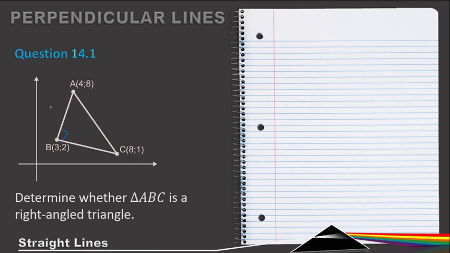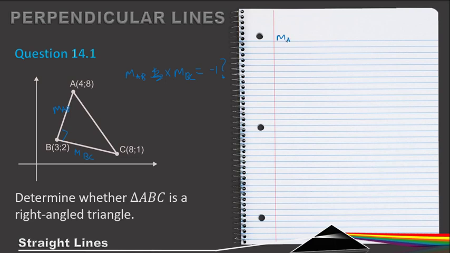So first of all, in order to test that they're perpendicular, we need to see, is gradient of AB multiplied by gradient of BC equal to -1? Now this line's gradient is gradient of AB, and this is the line gradient of BC. So let's find the gradient there.